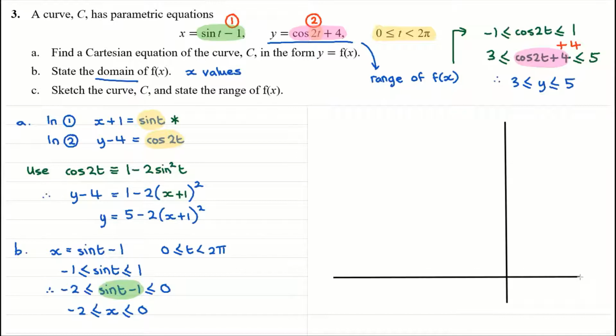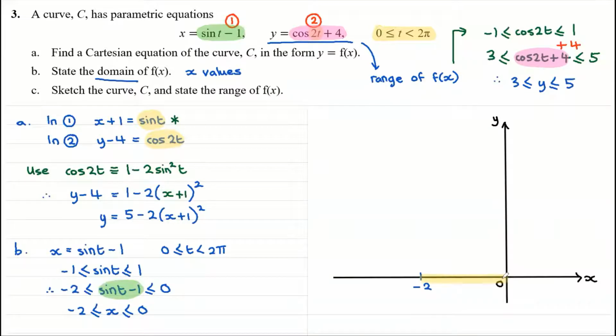So just plan ahead when you're doing your sketching. I'm as guilty as anybody of this. So from -2 up to 0, we'll put those on. Put -2 about here, and 0 is already on there. That's the origin. So that's my domain mapped out already.